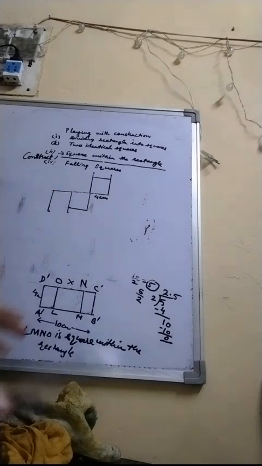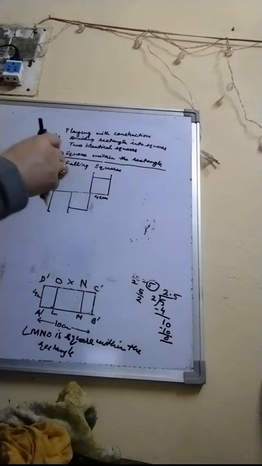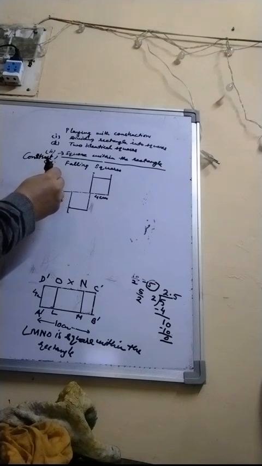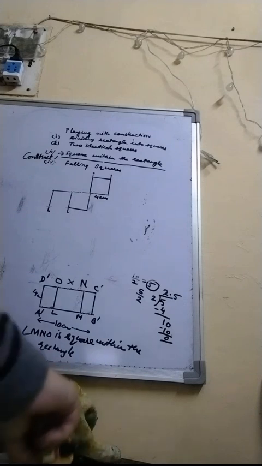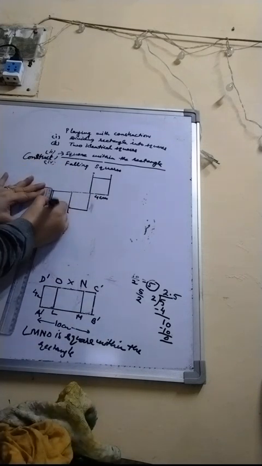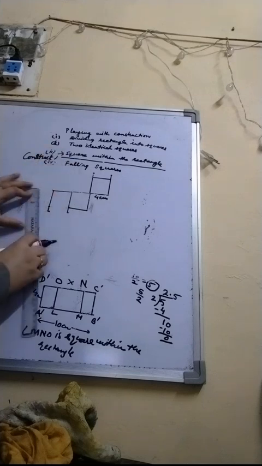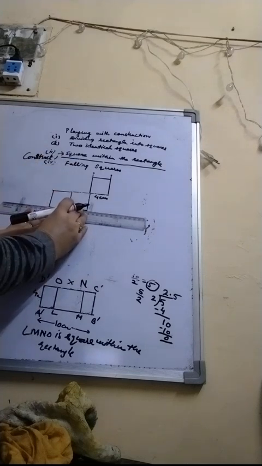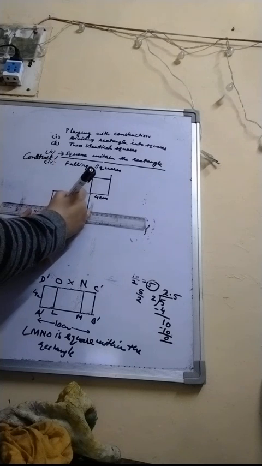Now you want 4 centimeter, so cut an arc of 4 centimeter, or you can even use the ruler here to get a 4 centimeter dot mark. It's your choice, but I would prefer that you use the compass.